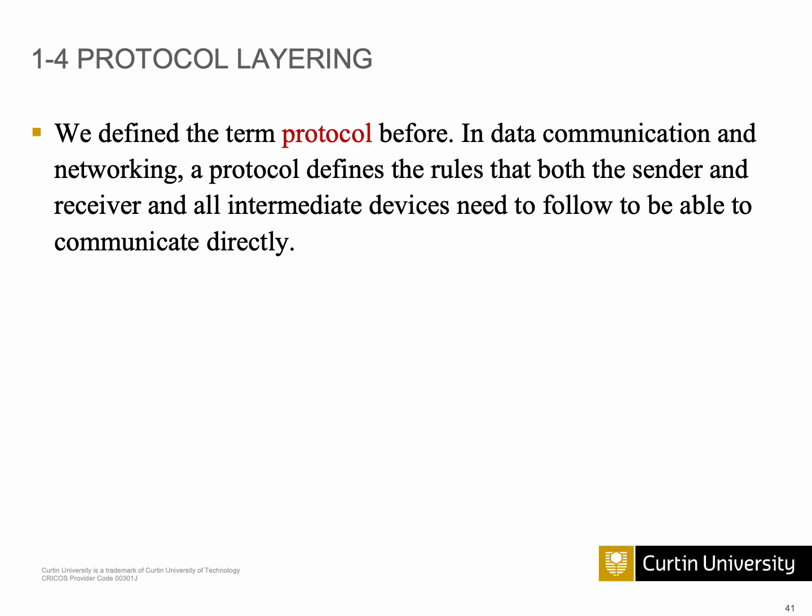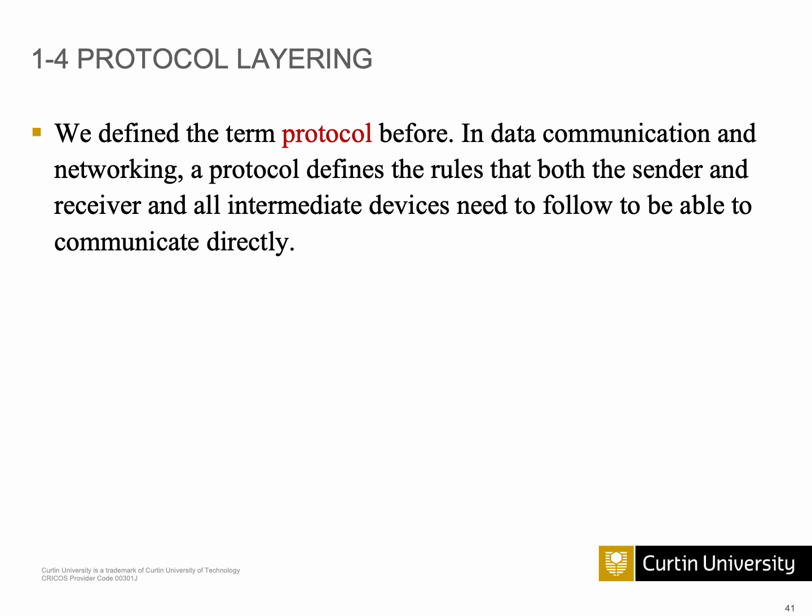The most important part of this lecture is protocol layering. If you remember, we discussed what a protocol is before. When we have a data communication network, a protocol defines the rules that both the sender and the receiver should follow. When the communication is simple, we may only need one simple protocol.